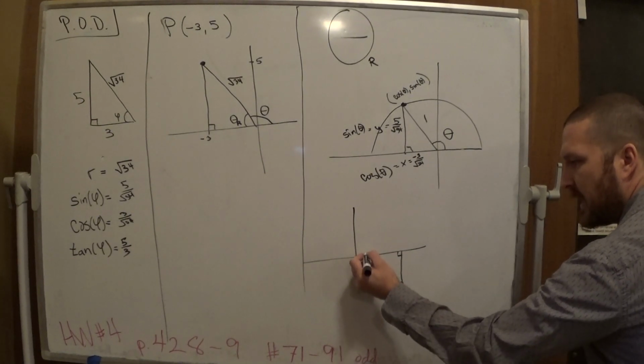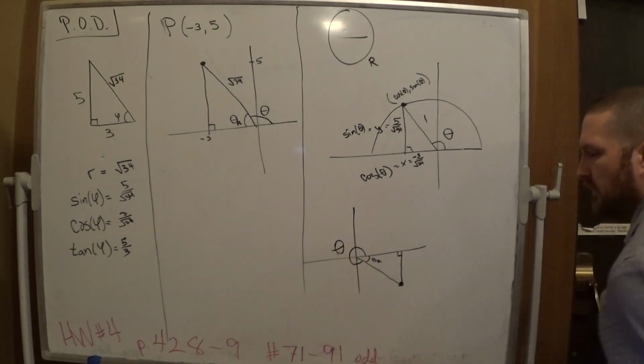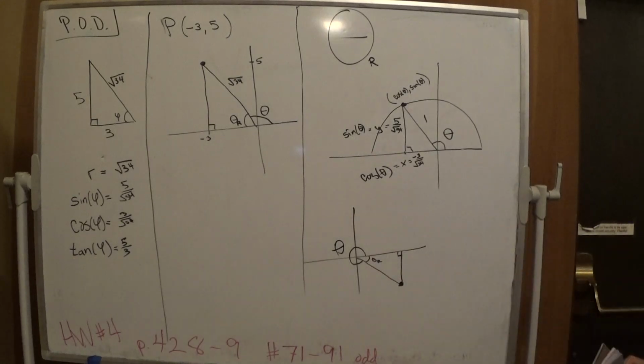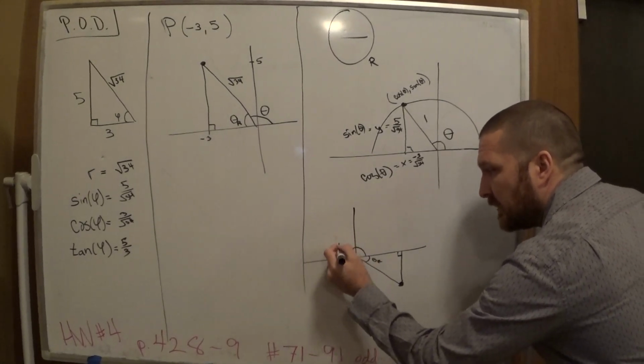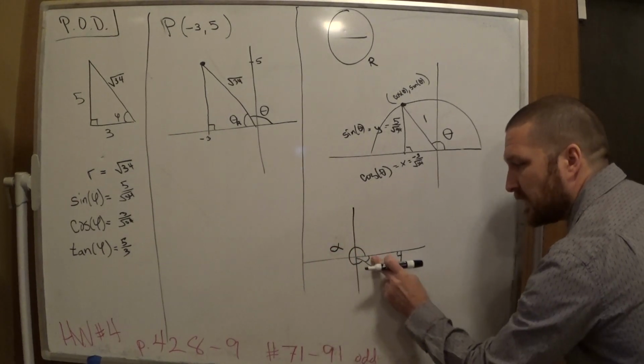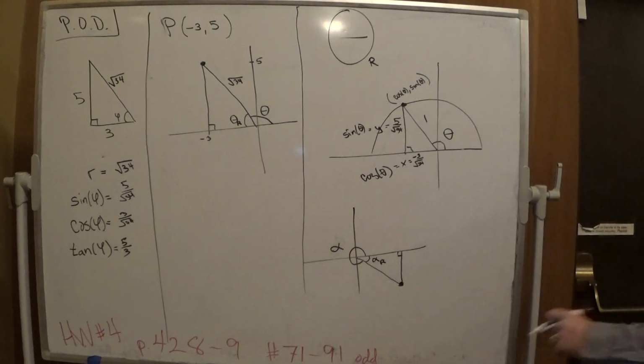And then the actual angle measured from standard position is what we're going to call whatever it is. I happen to choose theta. I could have used alpha. I could have said alpha is the angle going from here to here, in which case I would say that the reference angle is alpha sub r, right there.